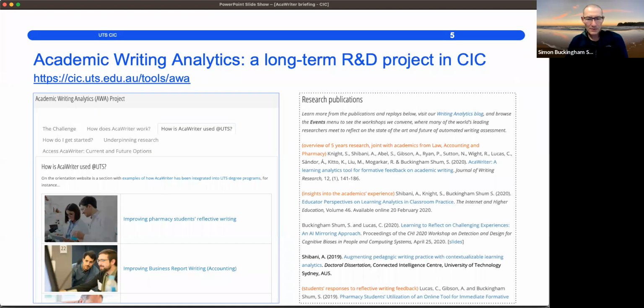So plenty of papers to read if you want to dig deeper. Many of the authors are not only researchers here at KIC, but also academics in our business school, our graduate school of health, our law faculty, and so forth.